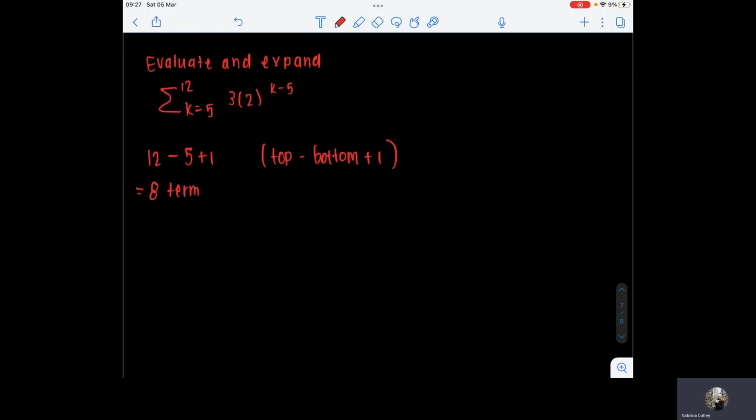Okay, so if we evaluate this sequence, then we need to make sure that it starts at term 5 and goes up until 8 terms.